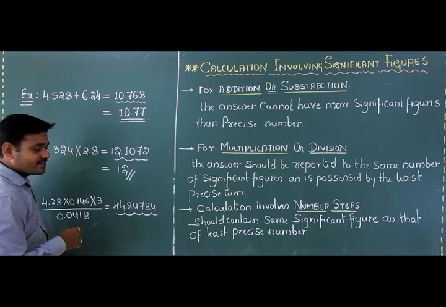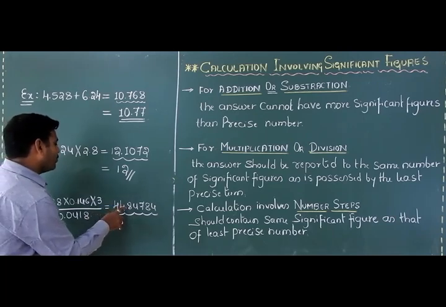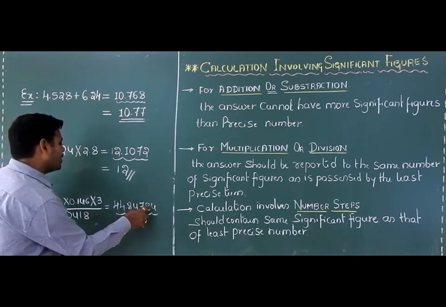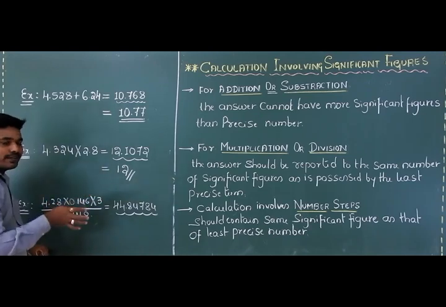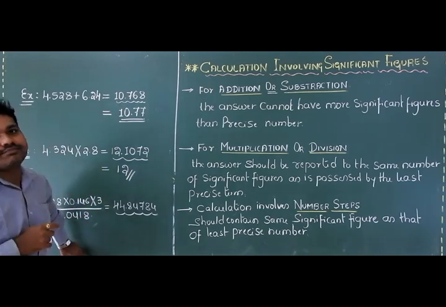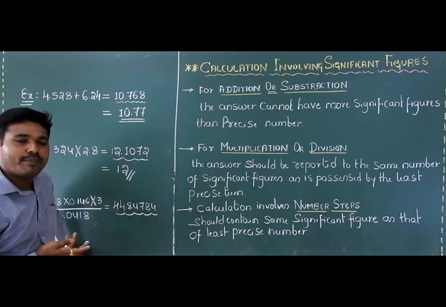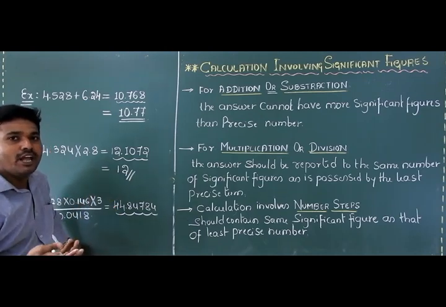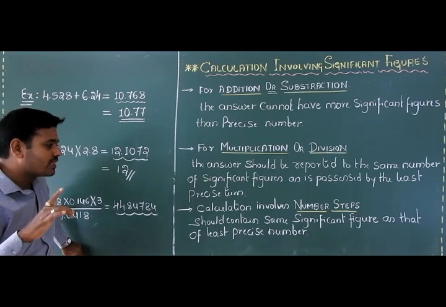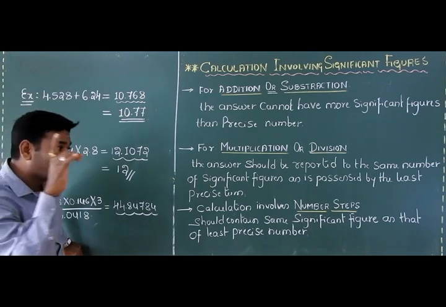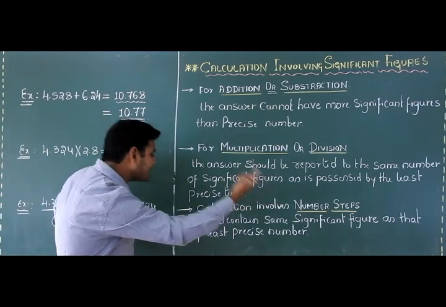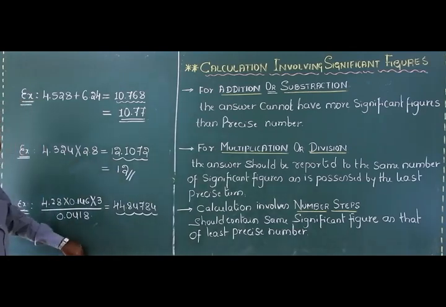44.84784. What is the answer here, students? 44.84784. This is the exact number. This is the actual answer. But here, in case of calculation involving a number of steps, always the answer should contain the same number of significant figures as that of the least precise number.